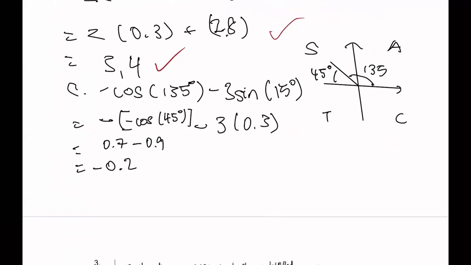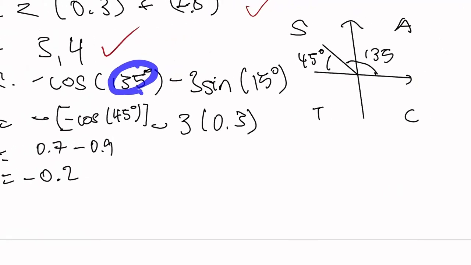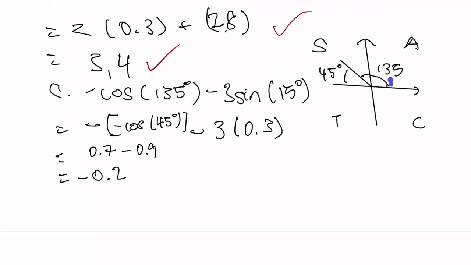Next one, negative cosine of 135 minus 3 times sine 15. Okay, can. So what happens here? Cosine 135. Whenever the angle is not acute, not more than 0 degrees, less than 90 degrees, you need to use the A-max version of trigo definition. So cosine 135 degrees, you need to find its basic angle here, which is 45 degrees. Yes, correct. So you can replace cosine 135 here with cosine 45 degrees.